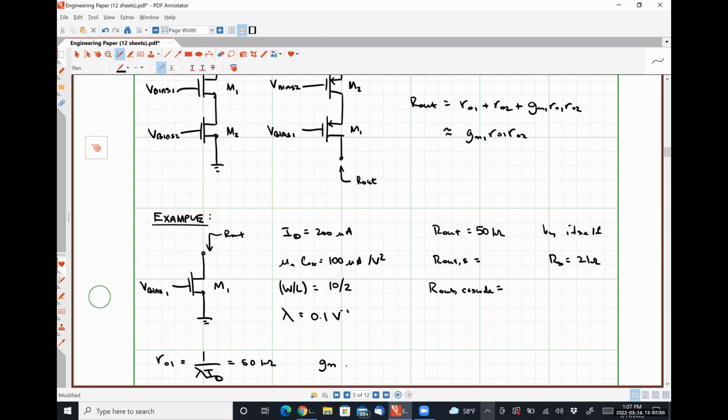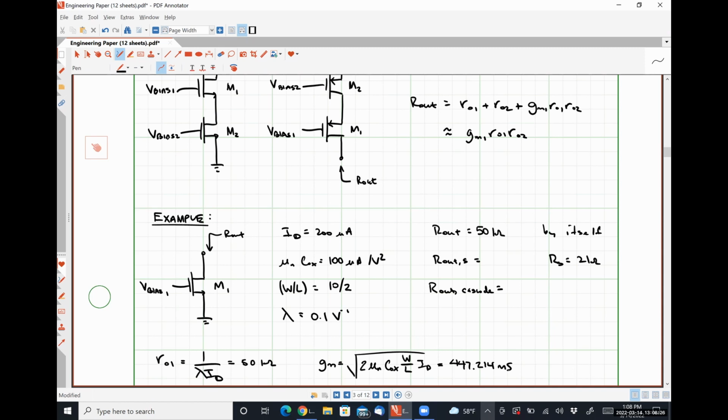We'll need to know what gm is. So gm is the square root of 2 mu n Cox W over L times ID. You've been given all of these parameters. I get 447.214 microsiemens for gm.